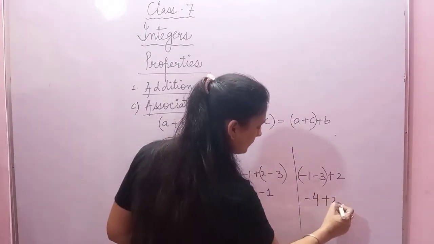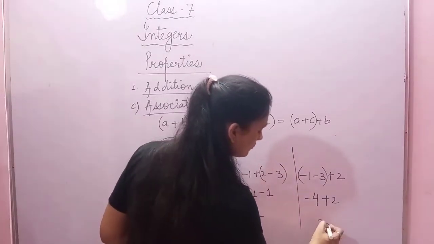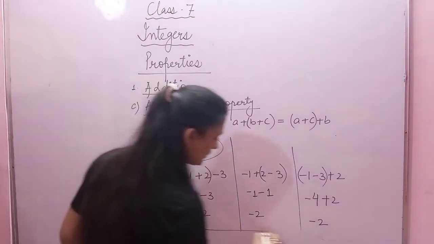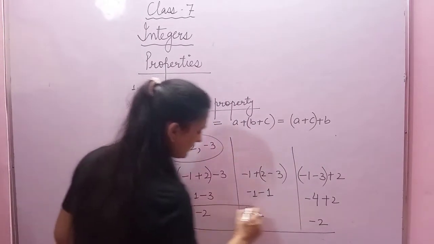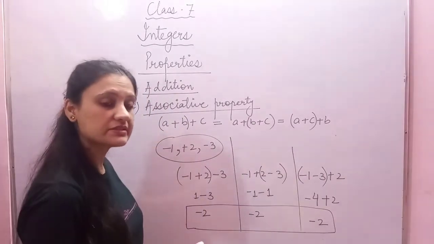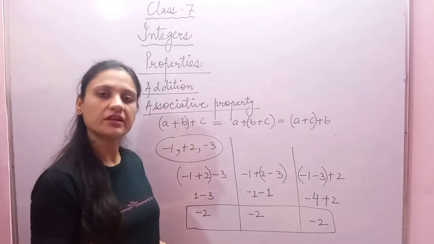Then plus 2. Plus minus minus. 4 minus 2, 2. Greater number 4, so negative sign. So you can see in all the cases the answer is the same, right? That is minus 2. So what we can say, we say that integers are associative under addition.